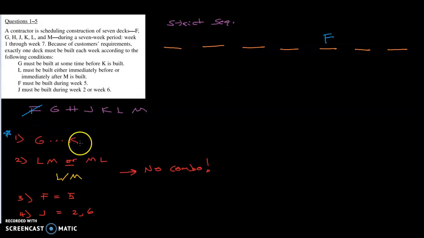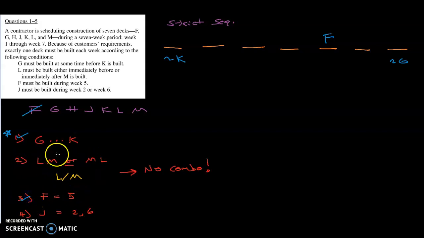This should just be second nature to you as you practice. Immediately I can say, I can't put K here, right? No K there because I don't have space to put G behind it. And then the same thing for G. I can't put G over here. No G allowed there for the same reason. All right, so we took care of that rule.